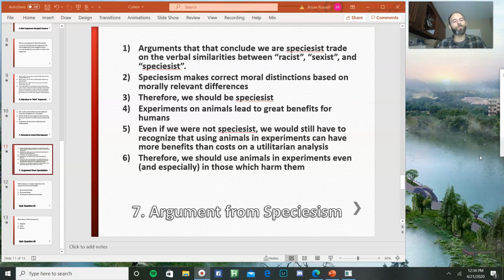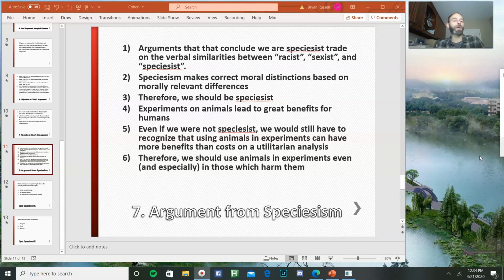Cohen here is trying to allow that there are some moral patients that are not moral agents, specifically marginal human beings, and he tries to get them in as beings that deserve moral consideration because they're members of a species, and that species contains moral agents.